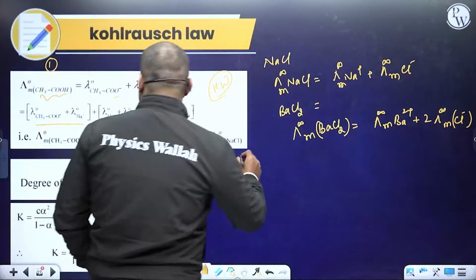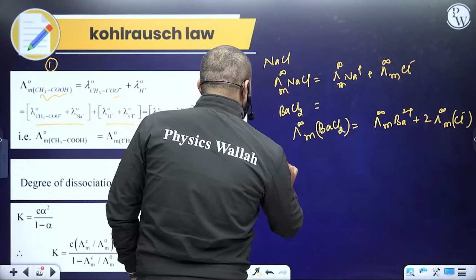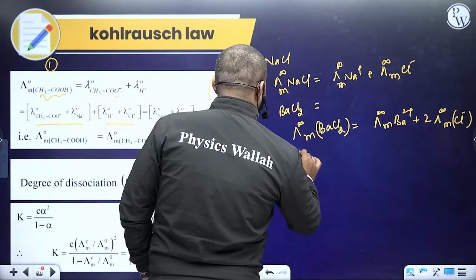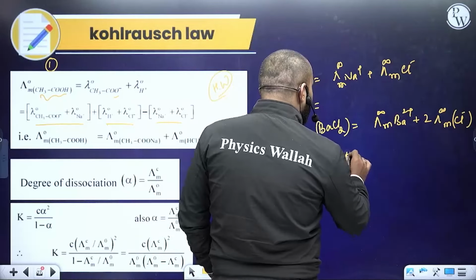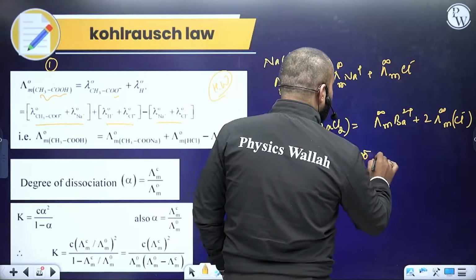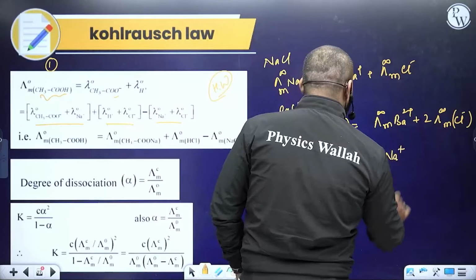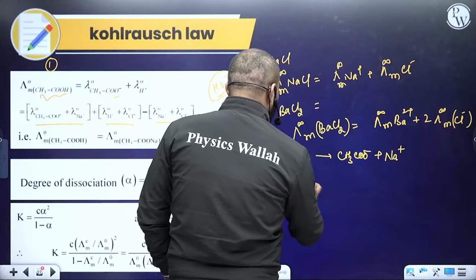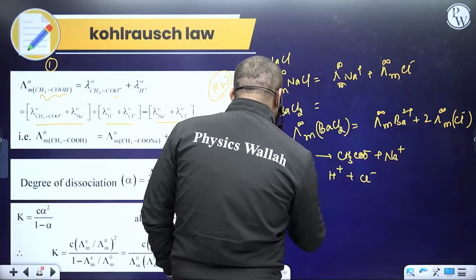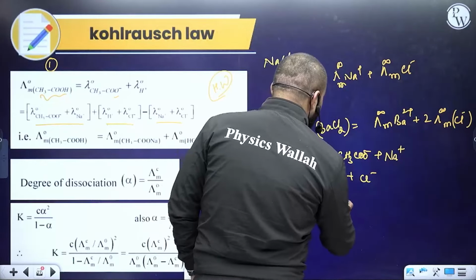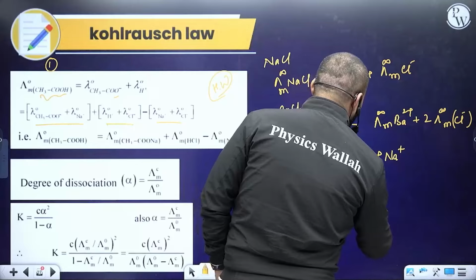CH3COONa dissociates to produce CH3COO minus plus Na plus. HCl dissociates to produce H plus and Cl minus. NaCl dissociates to produce Na plus and Cl minus.